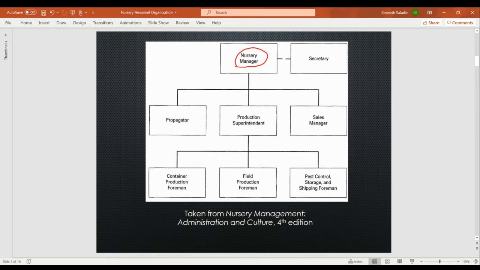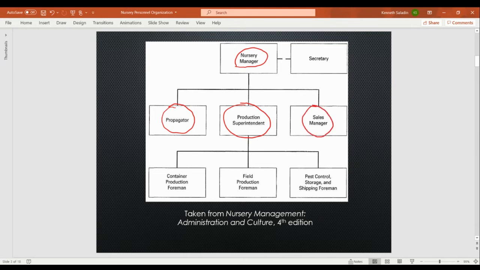Underneath the nursery manager in this small wholesale nursery scenario, we have three other managers. We have a plant propagator, we have a production superintendent, and we have a sales manager.